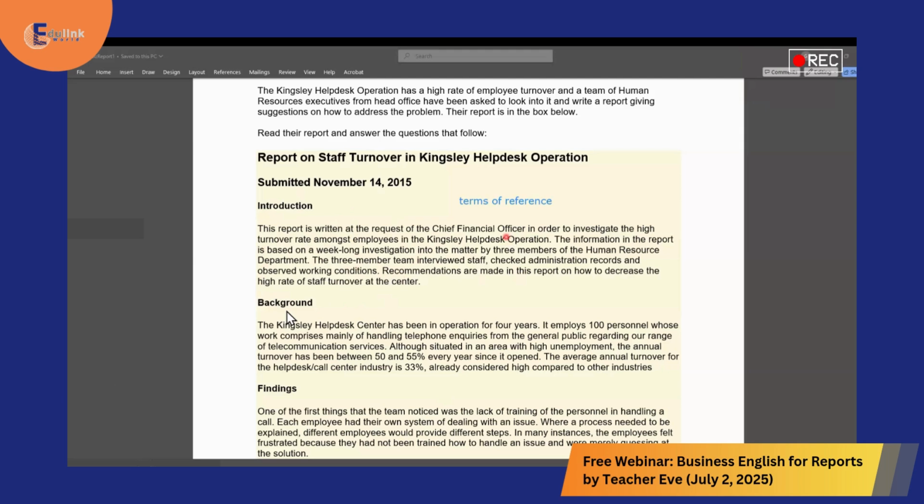Okay. Then our next paragraph, we're calling it background. Sometimes people call it context. They have different names for it. But it's really telling us a bit about the company, the situation, what is going on at this help desk center.